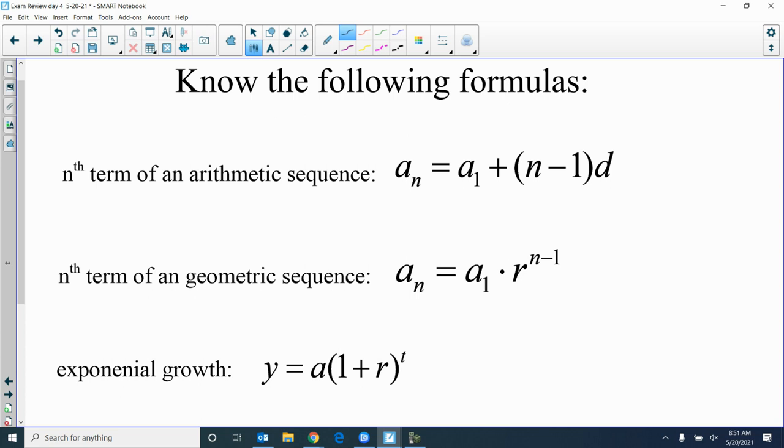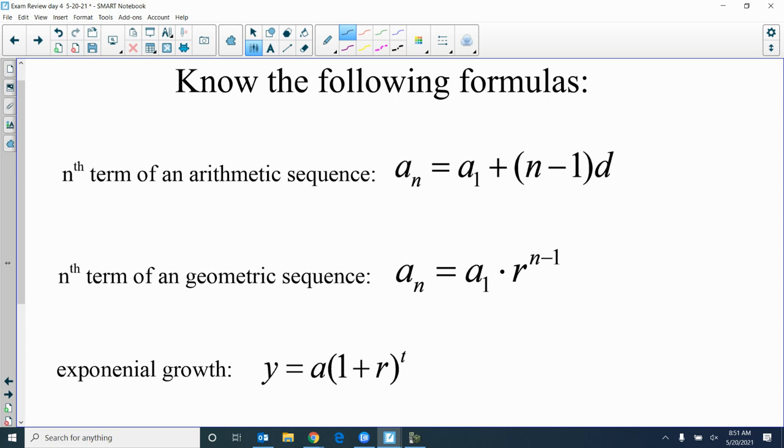All right, arithmetic: a sub n equals a sub 1 plus n minus 1 times d. Geometric is a sub n equals a sub 1 times r to the n minus 1.